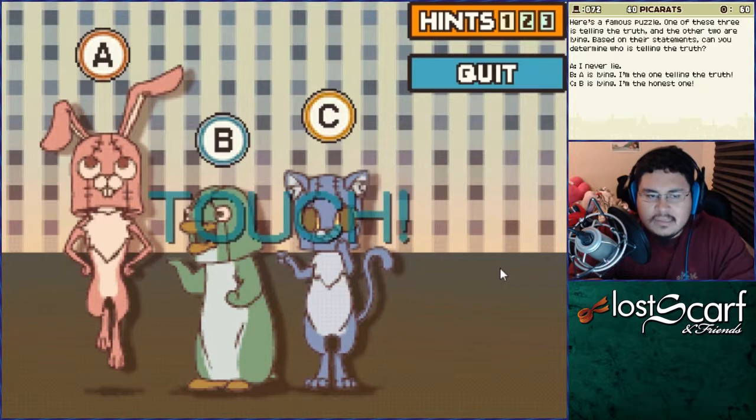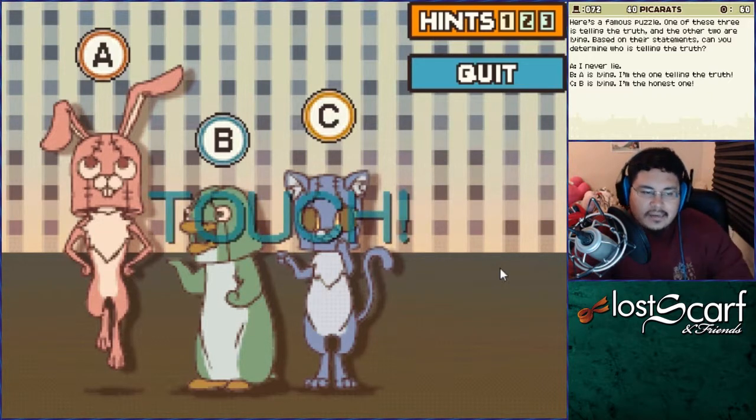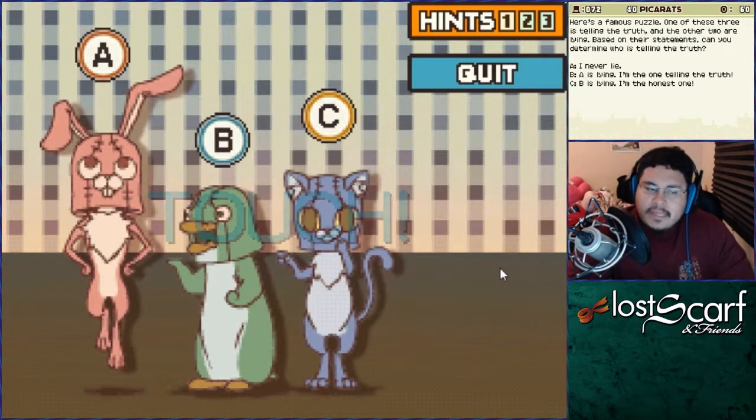So each one says they're telling the truth. Only one is telling the truth. Alright. So let's say A is telling the truth, and the other two are lying. Then B saying A is a liar is a lie, so A is not a liar. Now C saying B is lying would make B's statement a lie.